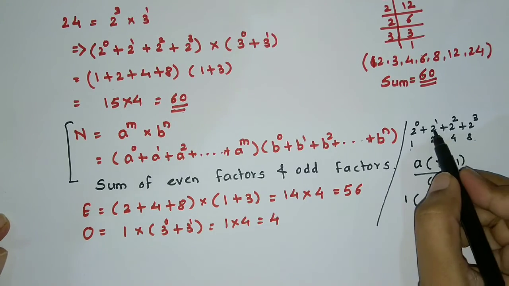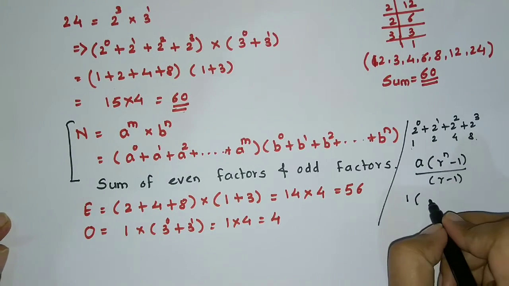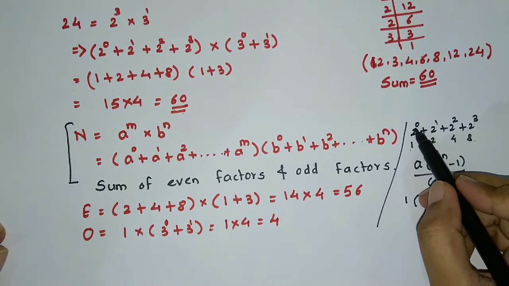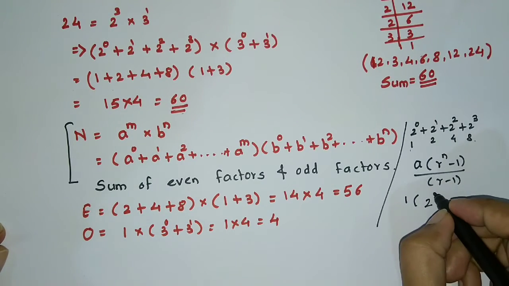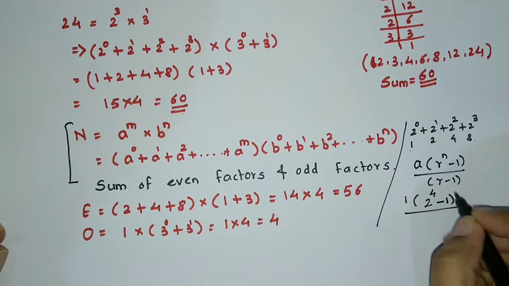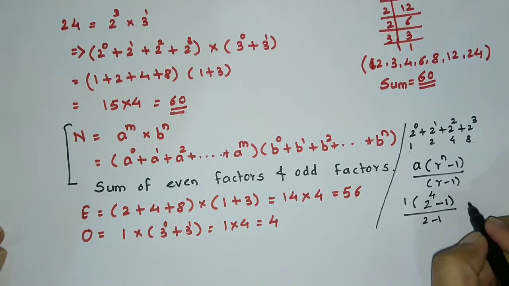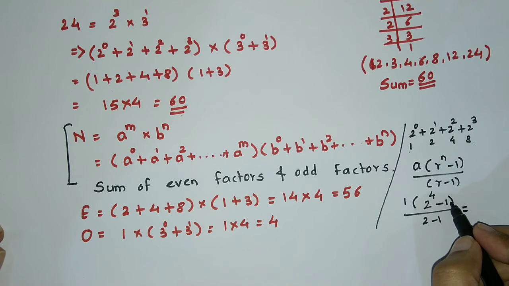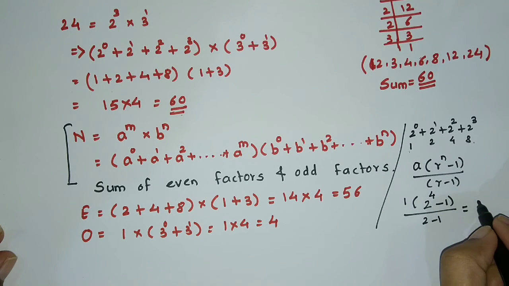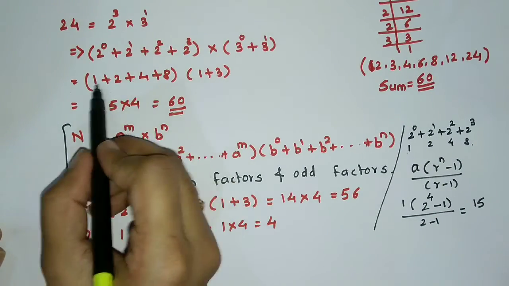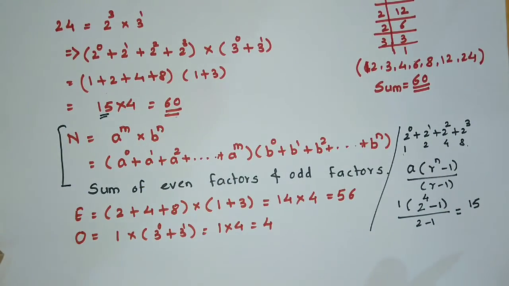What is r? r is the base, this is 2. n is the number of terms. Here the number of terms is 1, 2, 3, 4. So 2 raised to 4 minus 1 divided by 2 minus 1. This is nothing but 16 minus 1, 15 divided by 1. Here we got the sum of this as 15.